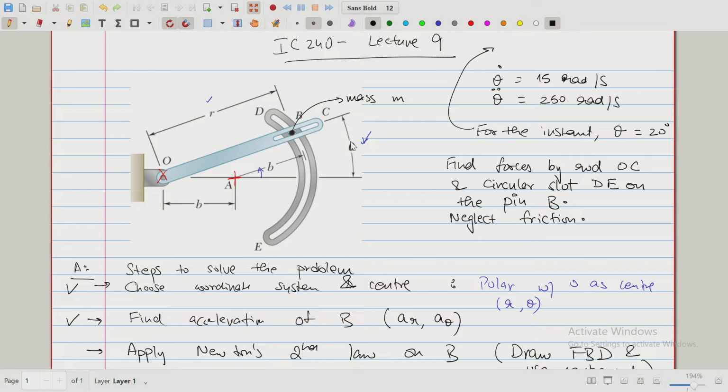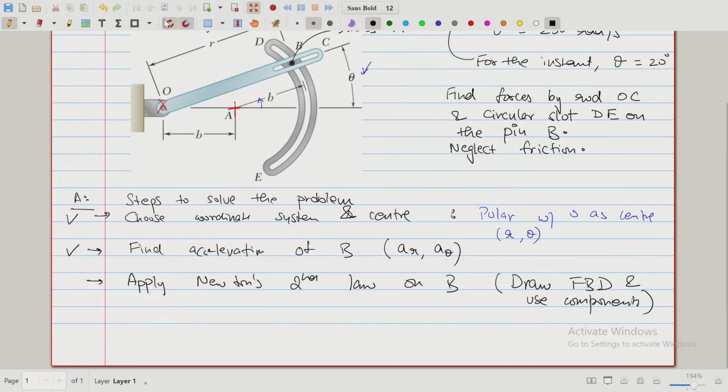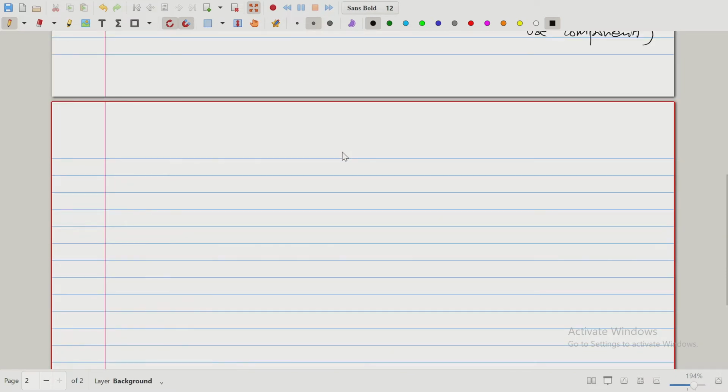Can you read this comfortably? So I'll move to the next page.